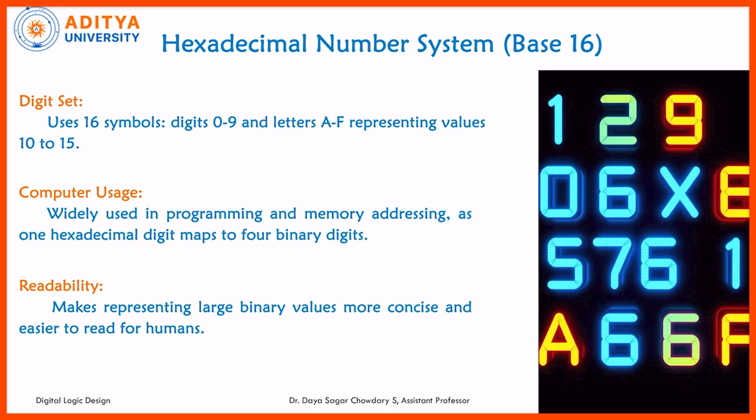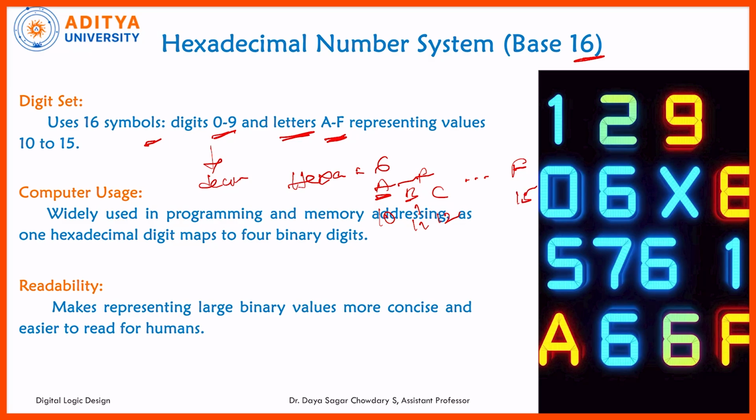Coming to the hexadecimal number system, here the base is 16. It uses 16 symbols, which we already discussed. From digits 0 to 9, as usual it follows the decimal, and letters A to F. So these are the alphabets. Hexa means 6, so A to F. A represents 10, B represents 11, C represents 12, likewise F represents 15.